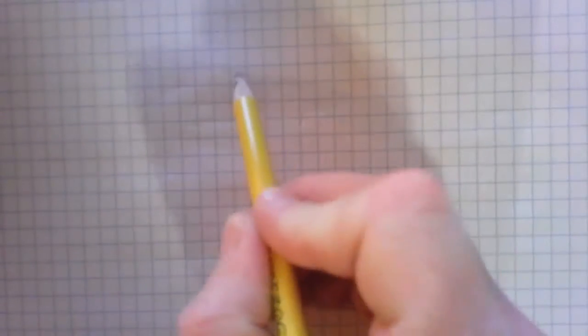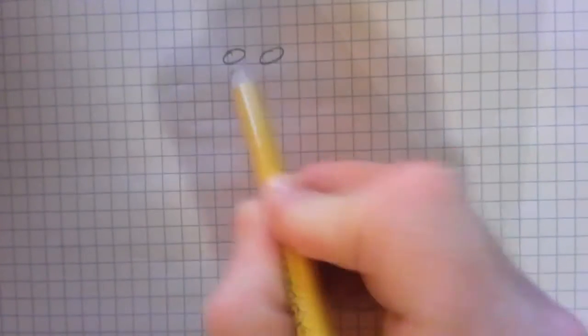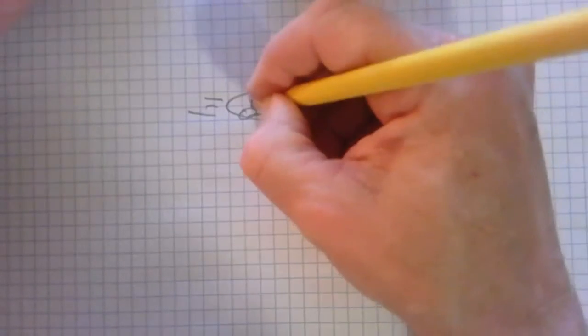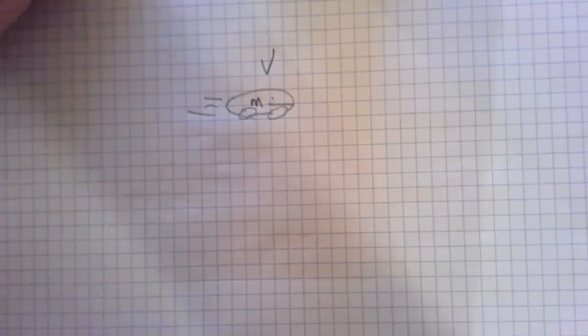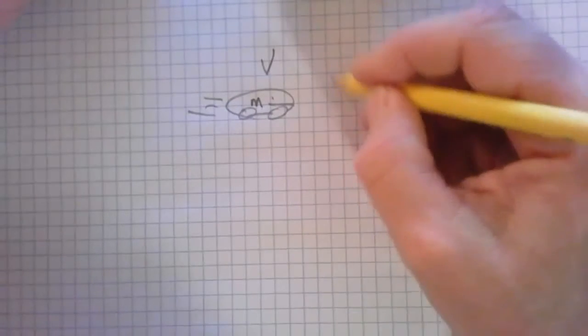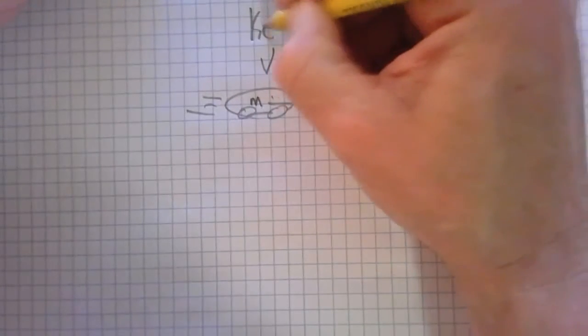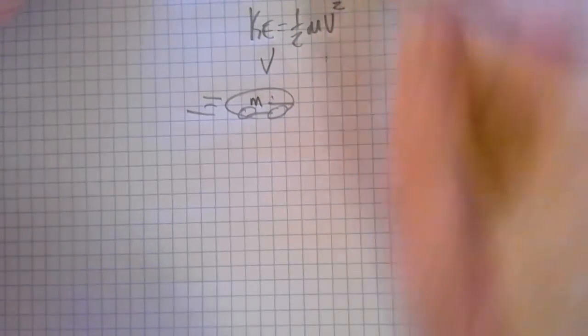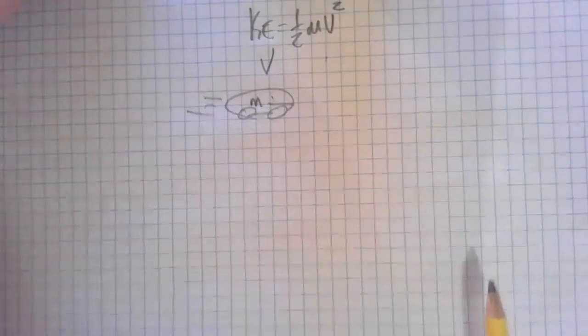The idea is this: you have a car that is initially going at some velocity v, and the car has some mass m. So it therefore has a kinetic energy of 1/2 mv squared, m and v being the mass and the velocity here.